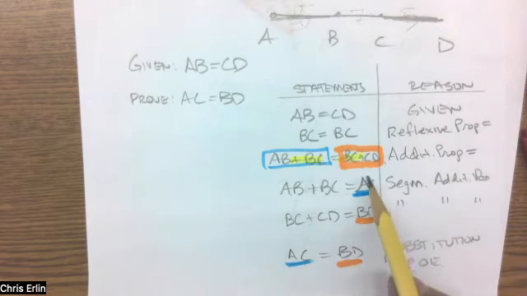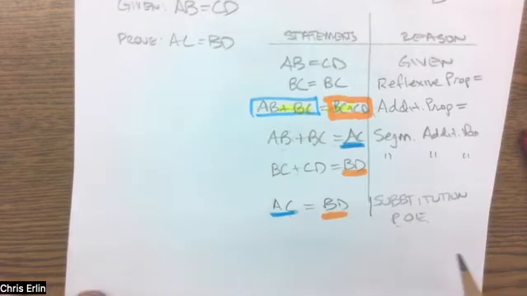Then if I just substitute AC for the left half and BD for the right half, I get what I was trying to prove. How do I communicate that I'm done? QED. Stands for quod erat demonstrandum. Means that which was to be proven.